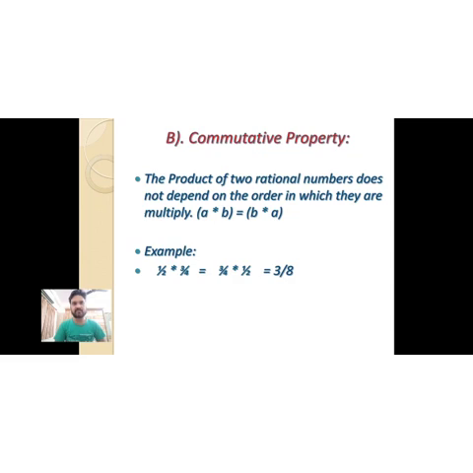As an example, 1 upon 2 multiplied by 3 by 4, or 3 by 4 multiplied by 1 by 2, we have the final answer 3 by 8. There is no confusion in this. The commutative property: there is no dependency on the order in which they are multiplied.